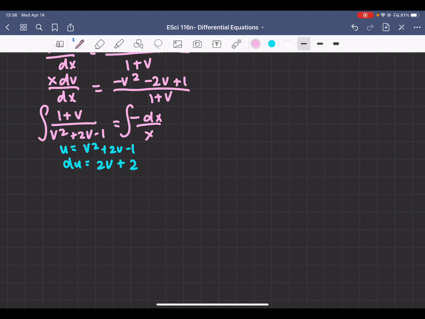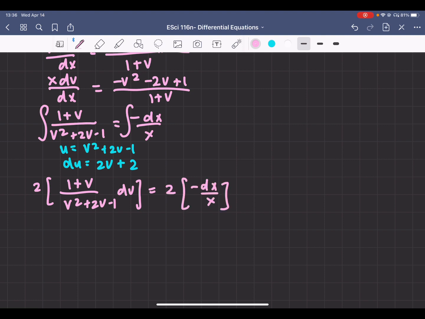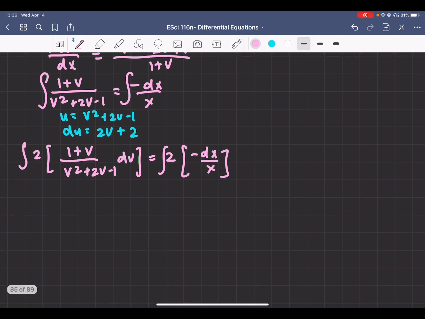So multiplying both sides by 2, 1 plus v over v squared plus 2v minus 1 dv is equal to 2 times negative dx over x. So that is the integral of 2 plus 2v over v squared plus 2v minus 1 dv is equal to negative 2 dx over x.